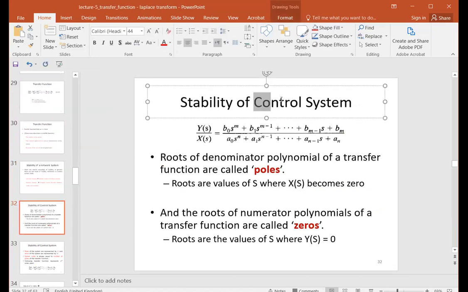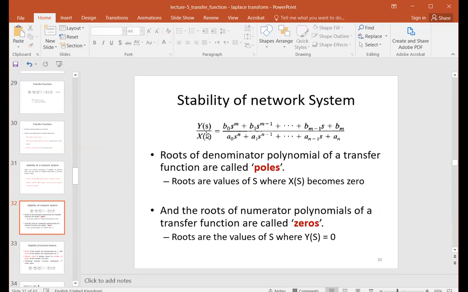So this can be called control, or in fact, any network system here. We divide the output y by the input x, and here is my B0 is m, and here is the n. We have seen that if the order of the denominator is larger, it's called proper, otherwise improper.